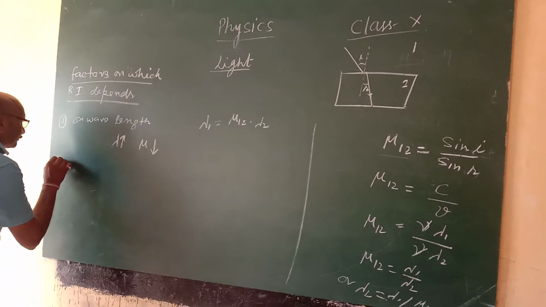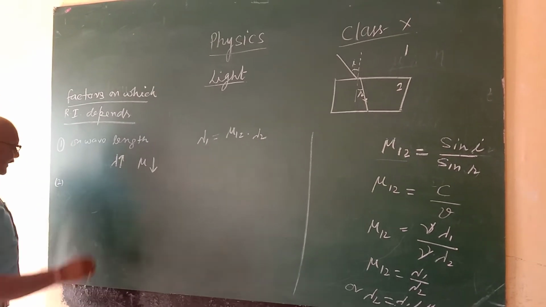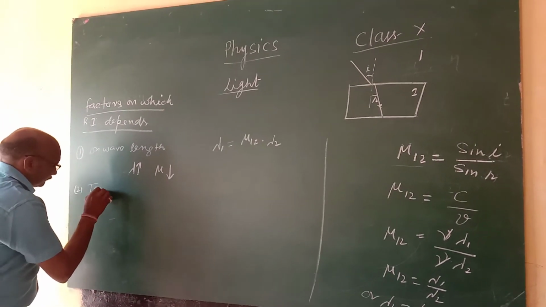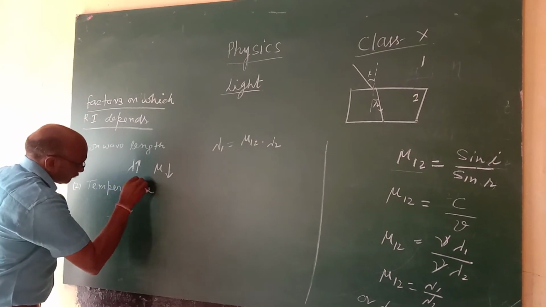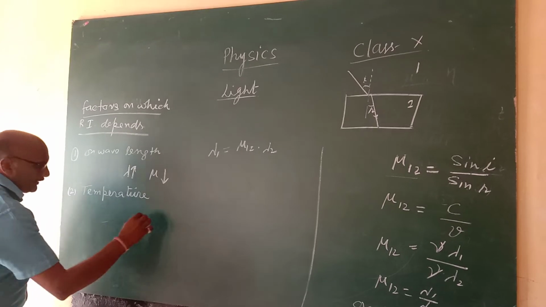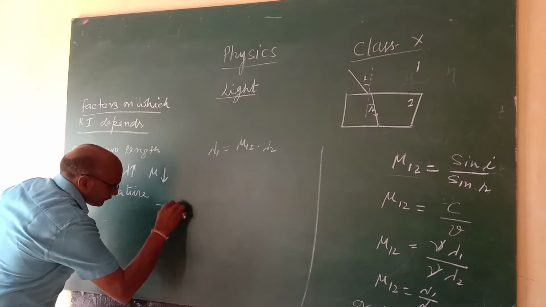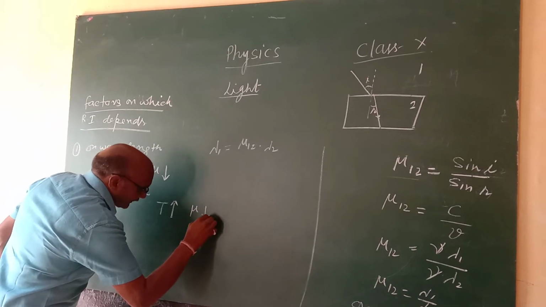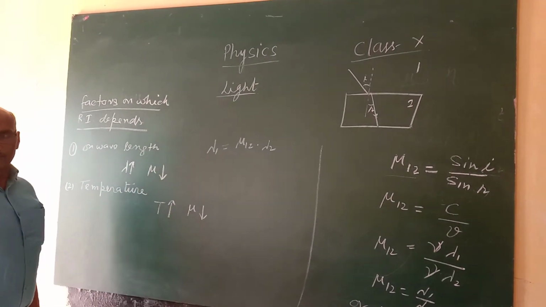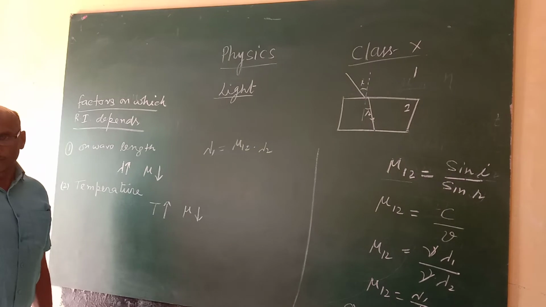Number 2, temperature. When temperature increases, again the refractive index decreases. This is factor number 2.